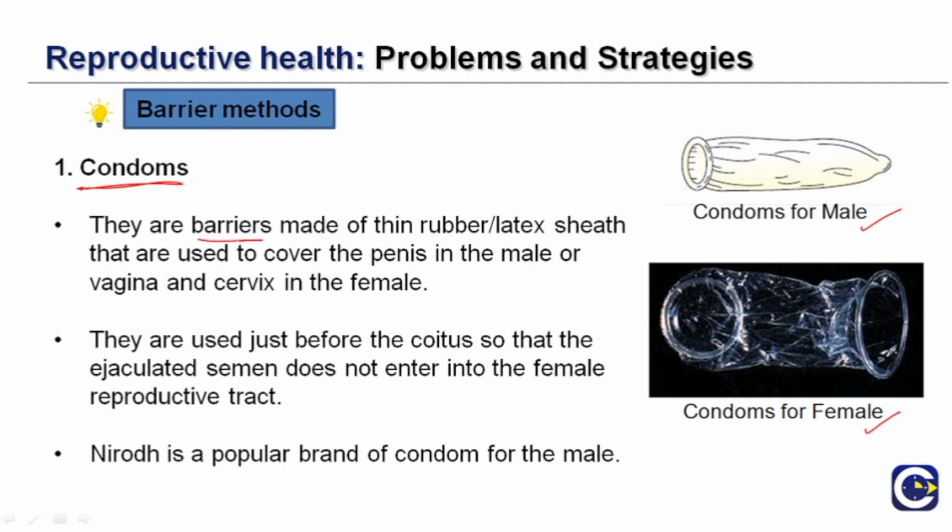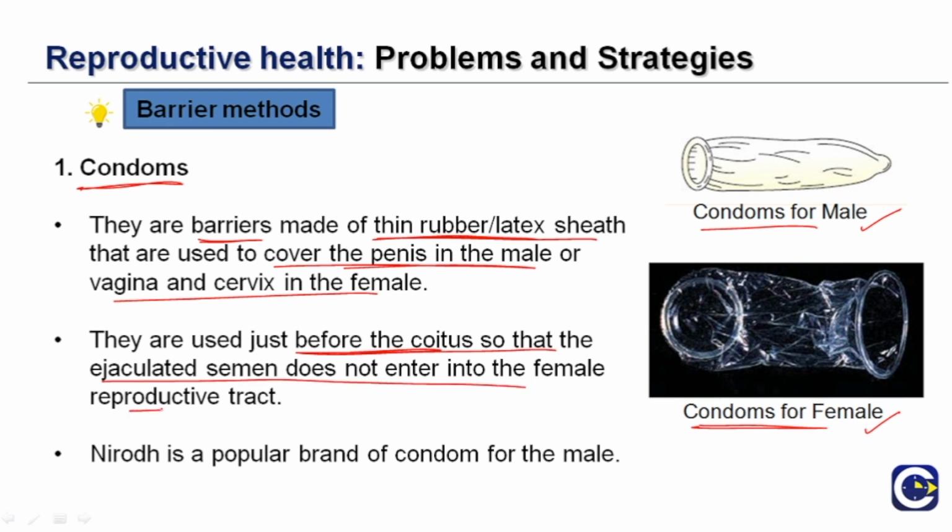These are barriers made up of a thin rubber latex sheath that is used to cover the penis in the male, like condoms for male, or the vagina and cervix in the female, like condoms for female. They are used just before coitus so that the ejaculated semen does not enter the female reproductive tract.